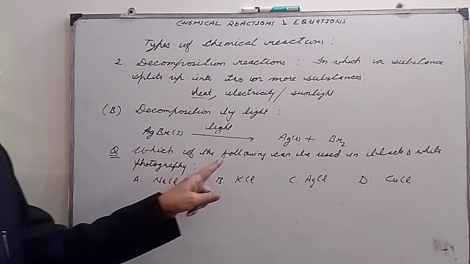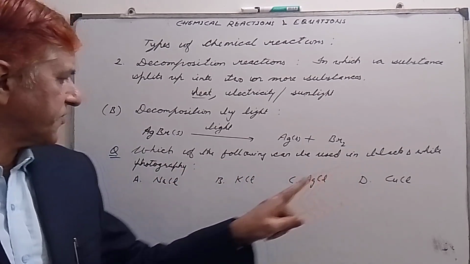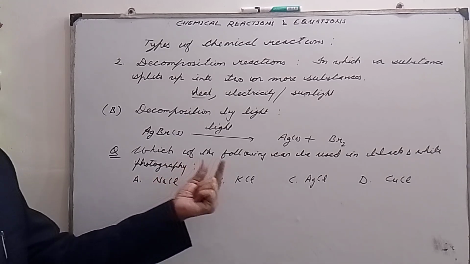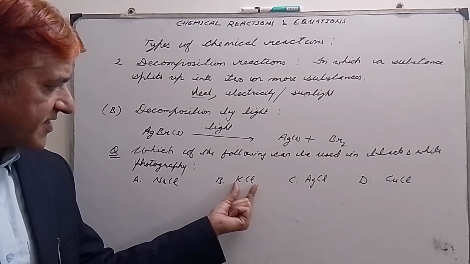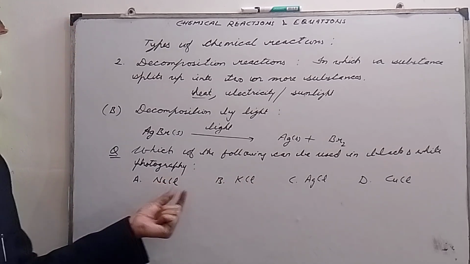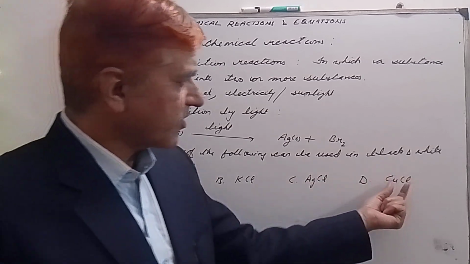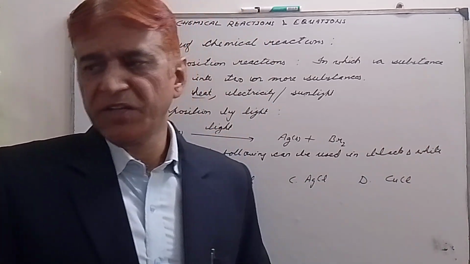I'm repeating, which of the following can be used in black and white photography? Option A is sodium chloride, NaCl, B is potassium chloride, KCl, C is silver chloride, AgCl, D is copper chloride, CuCl.